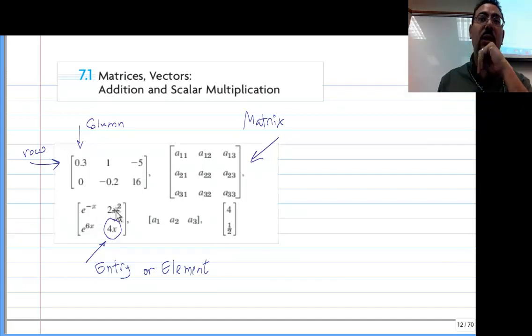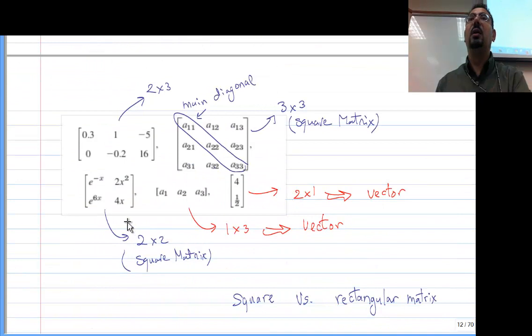Each one of those is an entry or an element. Those entries could be numbers or symbols, like cosine theta, minus sine theta. So again, it's the row first and then the column, so this is called 2 by 3.